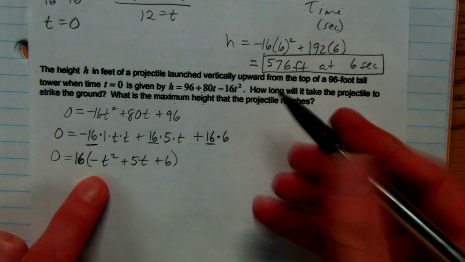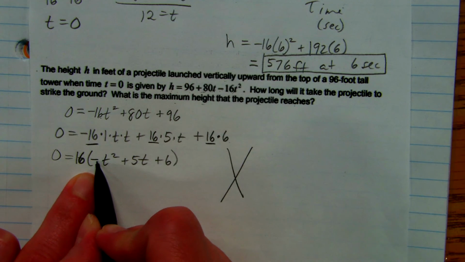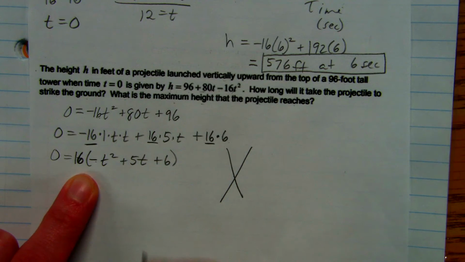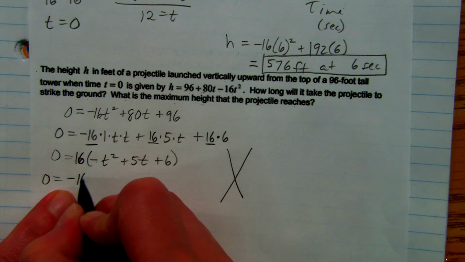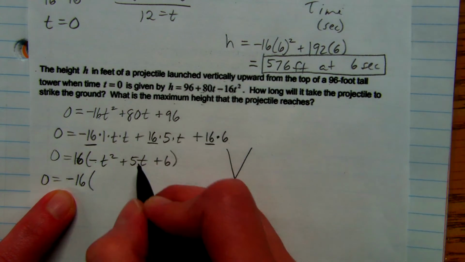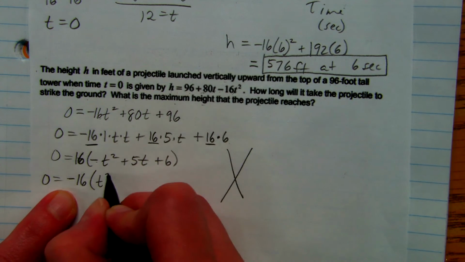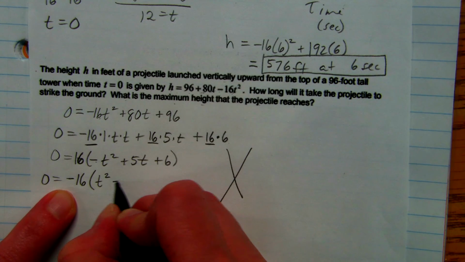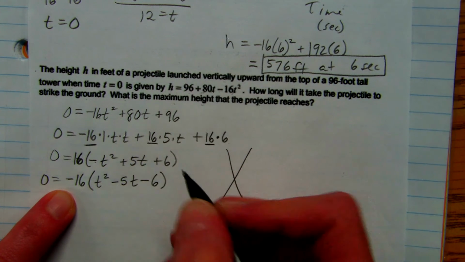Now, before I can factor and do my x, I cannot have a negative here. It only works with positives. So we're going to use that little trick I was just showing you a little bit ago. I'm going to undistribute the negative and stick it out here at the 16. And what that does is basically it divides everything by negative 1. So this would be positive t squared. The positive 5 would become negative 5t, and the positive 6 is going to become negative 6.